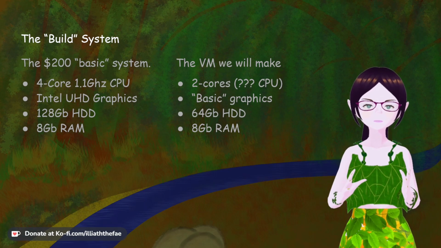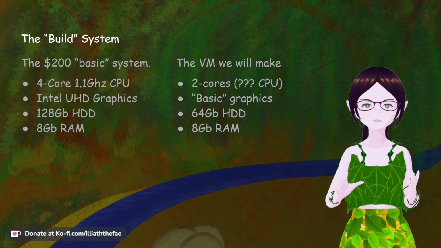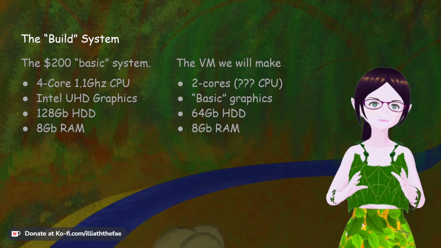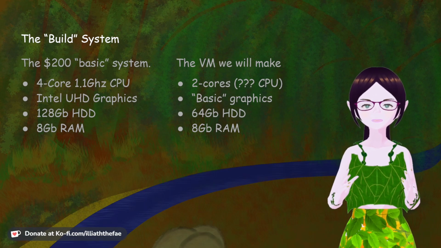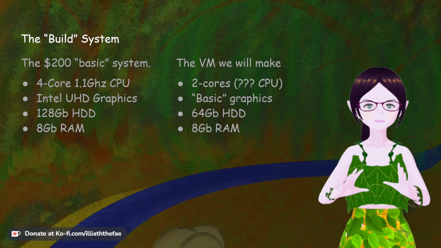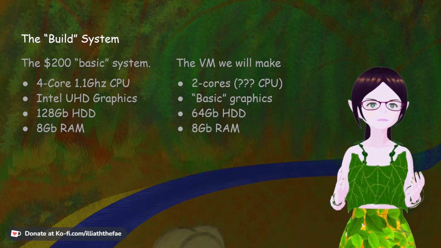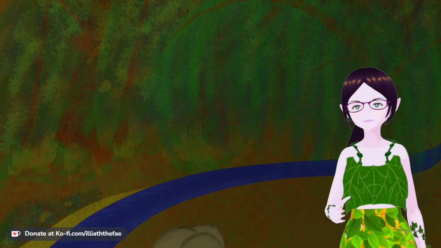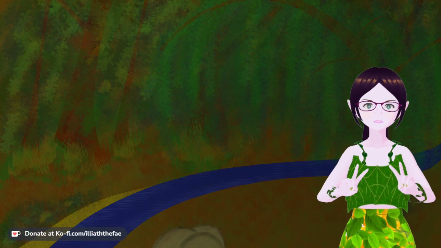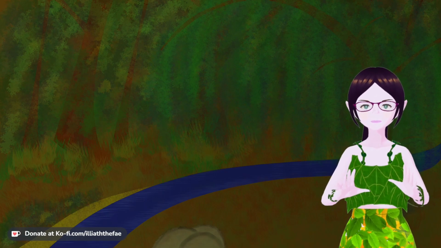So the virtual machine we'll be using is a Windows machine with 64 GB of hard drive space, 8 GB of RAM, with only 2 cores available, as my systems happen to be far more powerful than 1.1 GHz, and I don't know how to set things so that they only go that speed. So to wrap all this up, at the end of this video we have our system purchased, and that leaves us with $300 to complete the entire process.